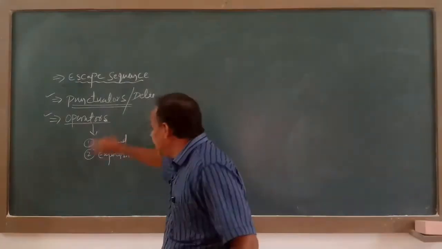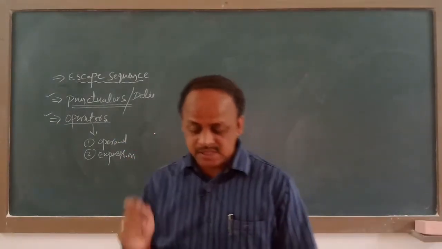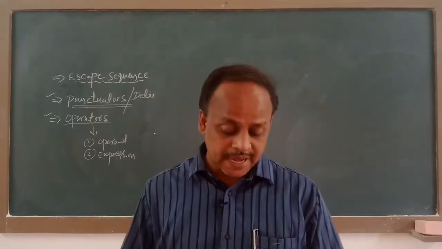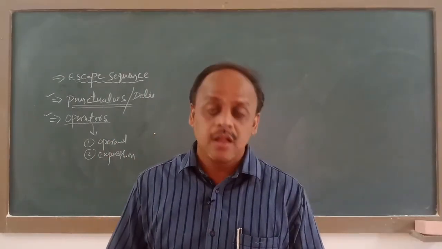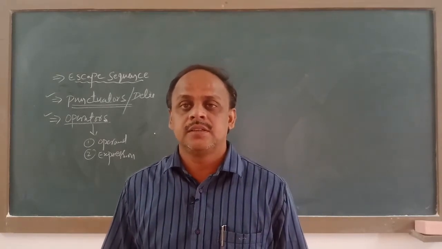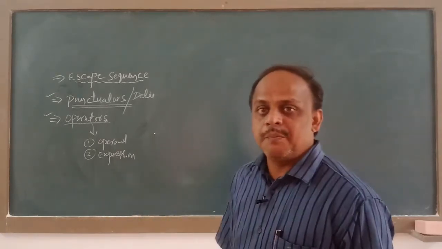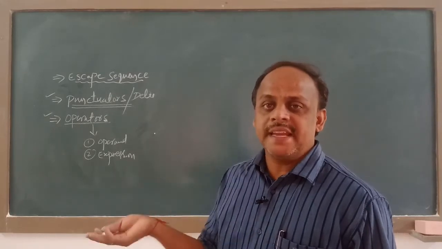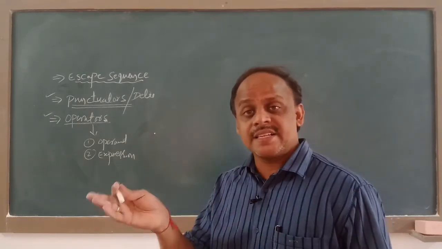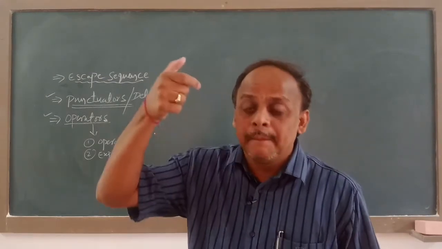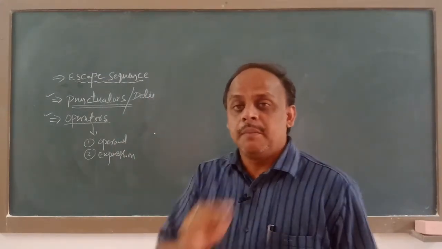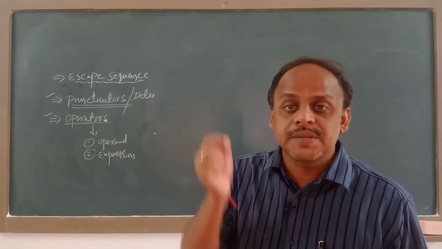What is an operator? An operator is a symbol that tells the compiler to perform some specific manipulation or operation, right? For example, plus, minus, star, slash are different operators. The plus symbol is used to perform addition, the minus symbol is used to perform subtraction.